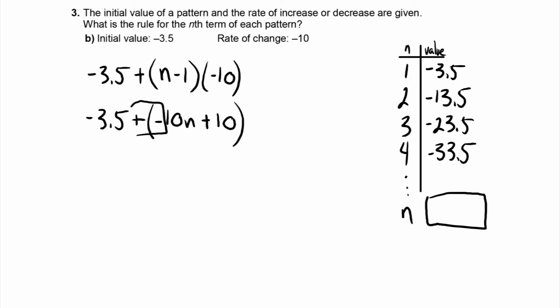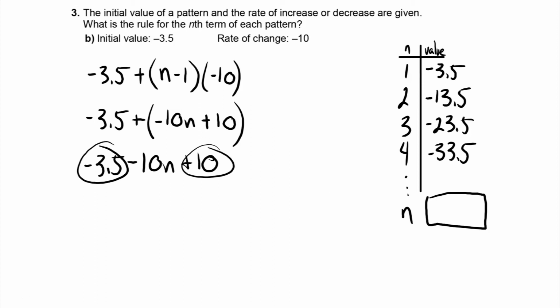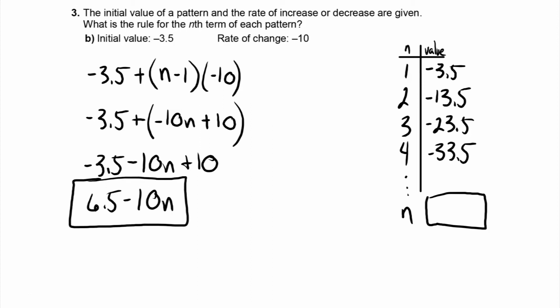Now to resolve this, I want to get rid of the brackets, so that's negative 3.5 minus 10n plus 10. Now I collect the 10 and the negative 3.5 together, and I get 6.5 minus 10n is the expression for the nth term.